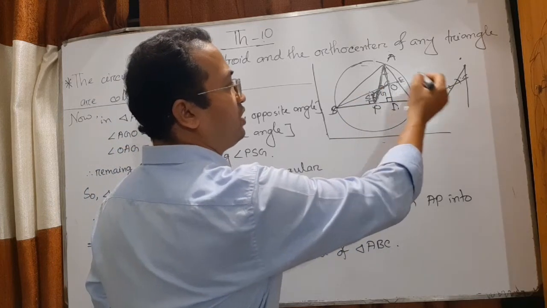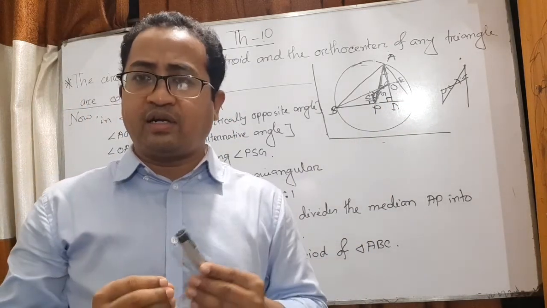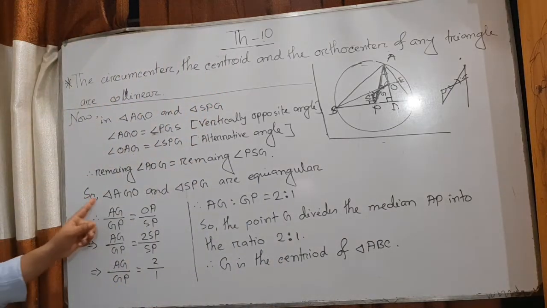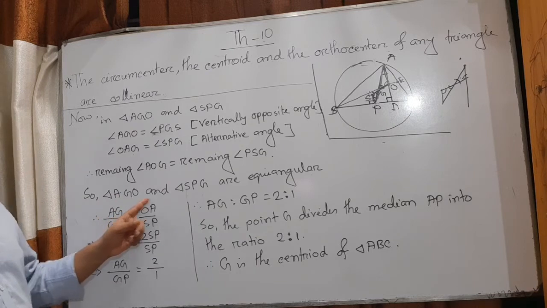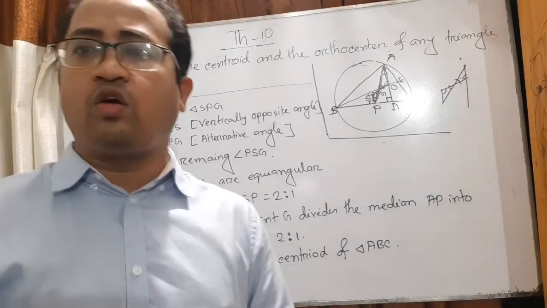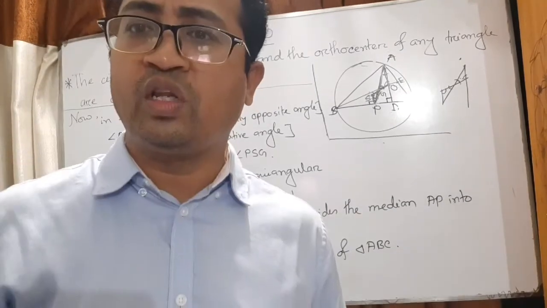These two angles are also equal. So if three angles of two triangles are equal, they are called equiangular. So triangle AGO and triangle SPG are equiangular.